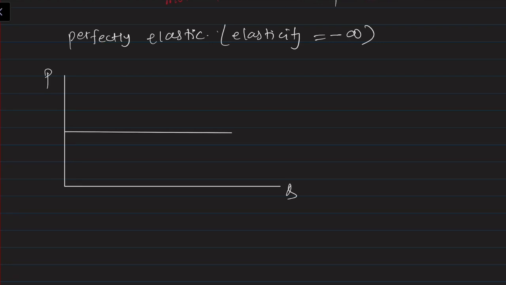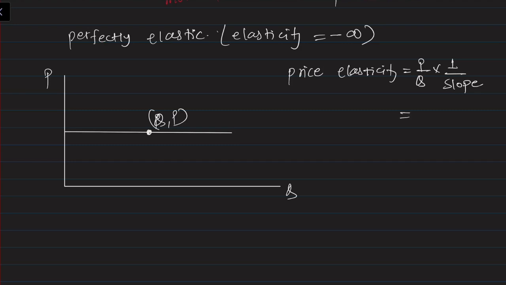So now let's use the point elasticity formula. So we have price elasticity equals P over Q times 1 over slope. We may take any point on this line, q comma p. Okay, but what is the slope of this line? So the slope is 0, right?